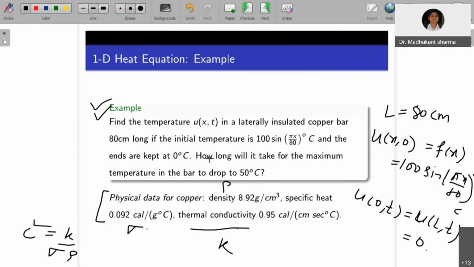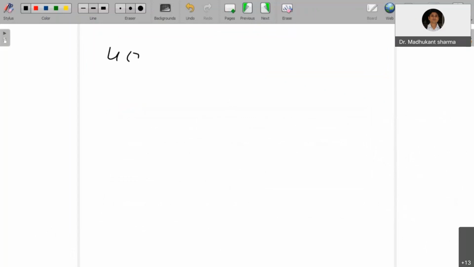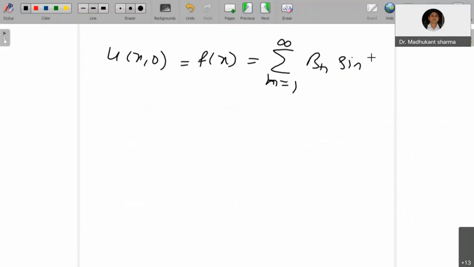Moreover, if you want to determine Bn, what was the Bn? Bn is nothing but the Fourier sine series coefficient of, if you recall, let me recall that, u at x comma 0 is equal to f of x, and that was summation n equals 1 to infinity Bn times sine of n pi x by L. Now here L is 80.